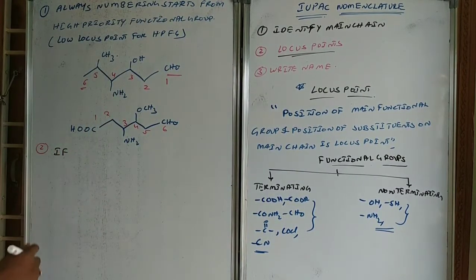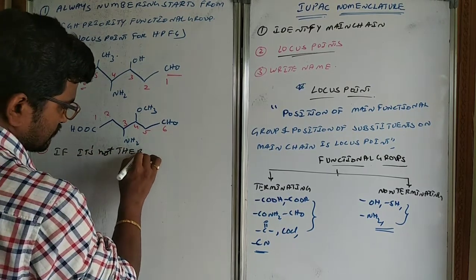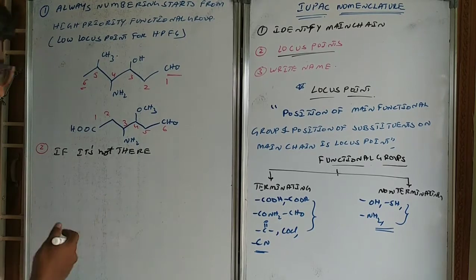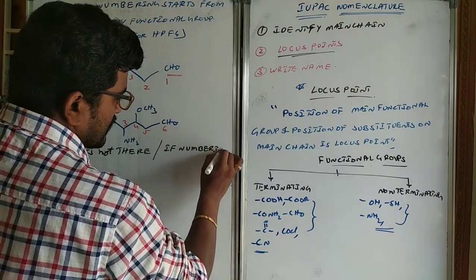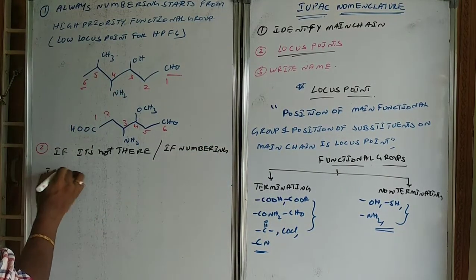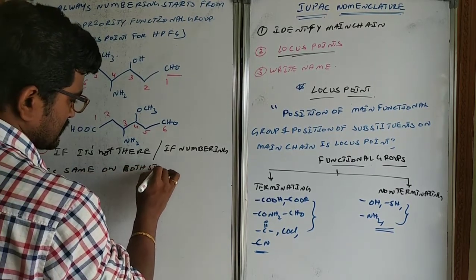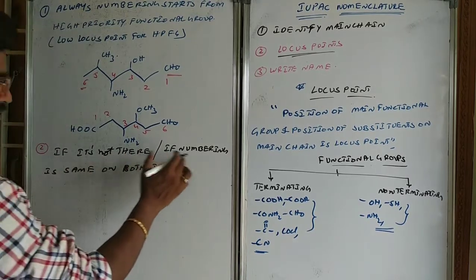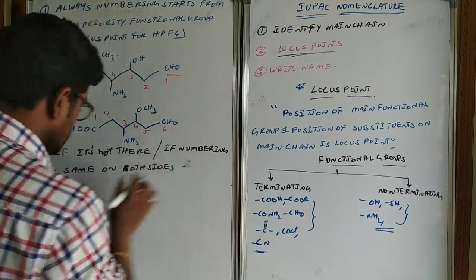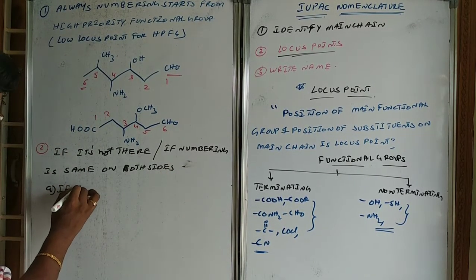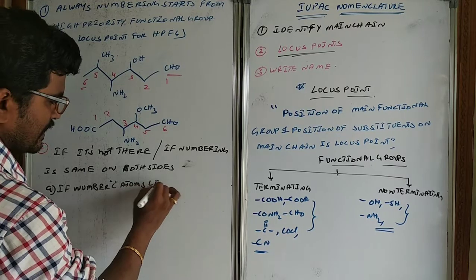Second one: if it's not there, or if numbering is the same on both sides, option A, if the number of carbon atoms is less than 10.